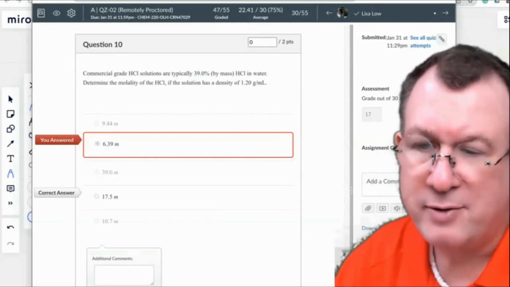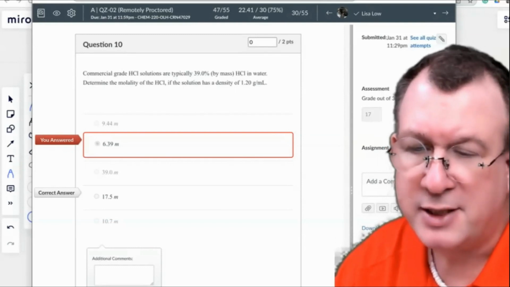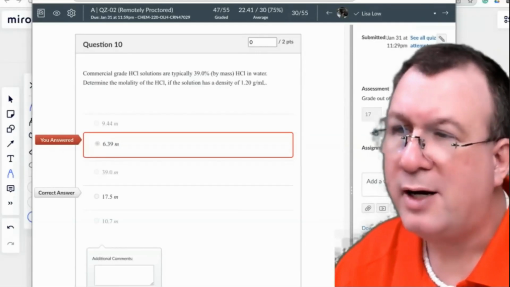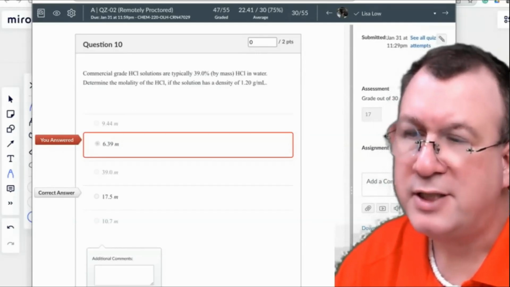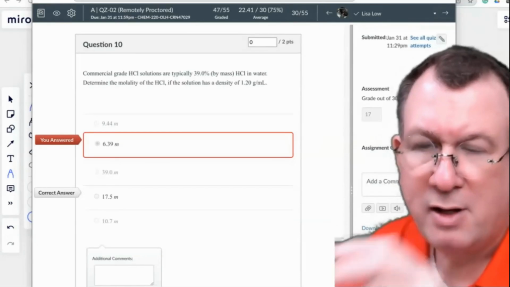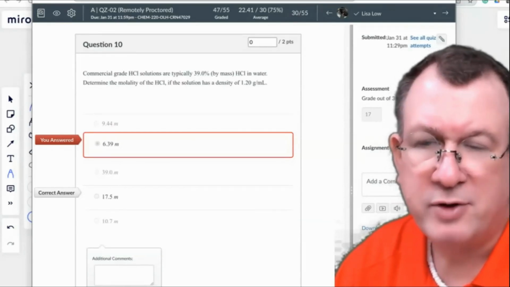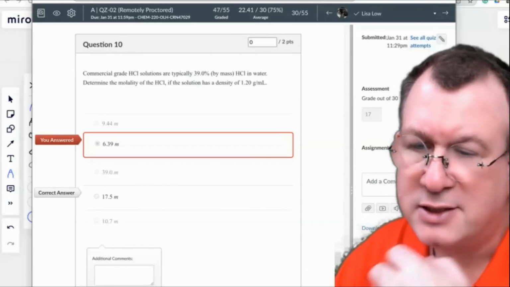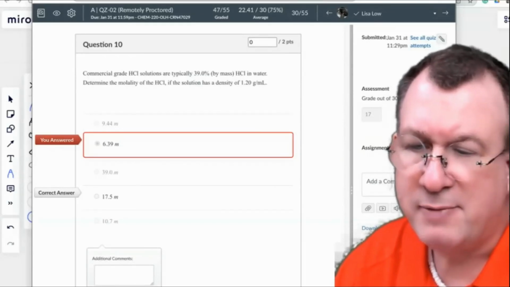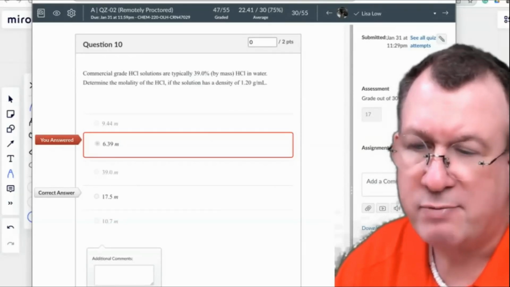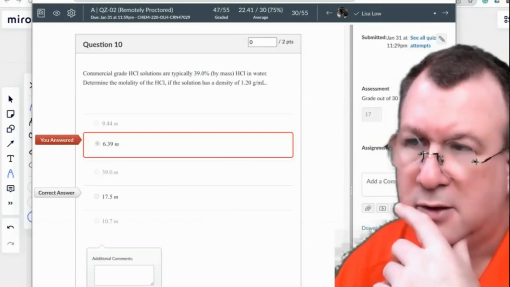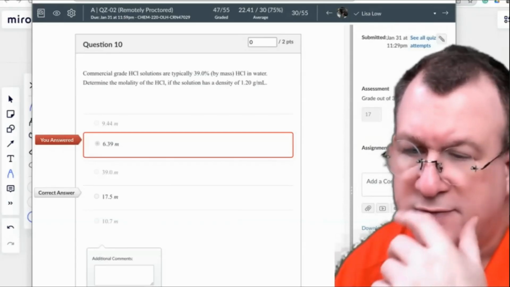If I have 100 grams of solution, it's 39% HCl, then 39 grams of HCl. You good going from grams to moles for HCl? Chlorine is 35.45 molar mass, hydrogen's 1.008, it's like 36. So you take 39 divided by 36, that'll give you the moles of HCl. Make sense? Okay.